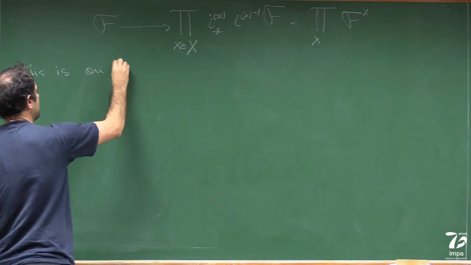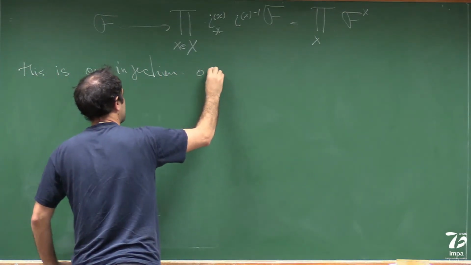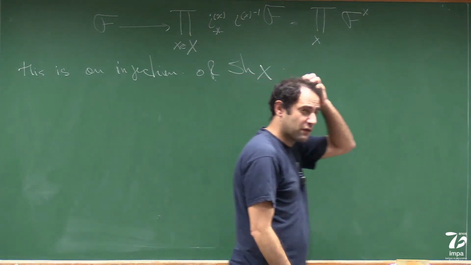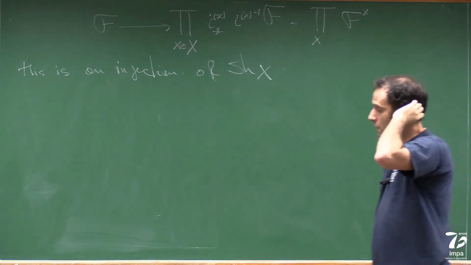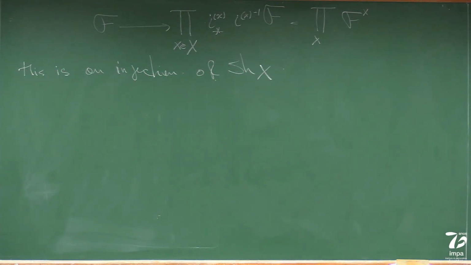An injection of sheaves. So first of all, the product of sheaves is a sheaf that's trivial. Well, it's not entirely trivial, but it's easy to check that the product of sheaves is a sheaf. So that's a sheaf.